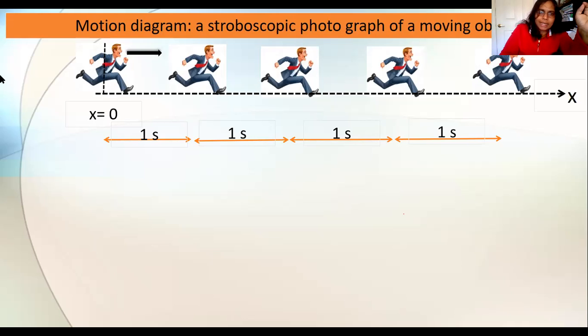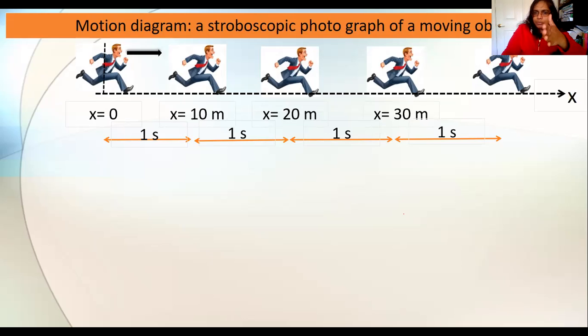Actually, he started from somewhere else, but I define my 0 position as this location. So I really don't care what happened before this position. He might be sleeping somewhere or resting. I'm caring about the region that I'm going to analyze. So as I define, this is the 0 position for him. Now, after 1 second, let's say he moved 10 meters. In the next second, he moved 20 meters.